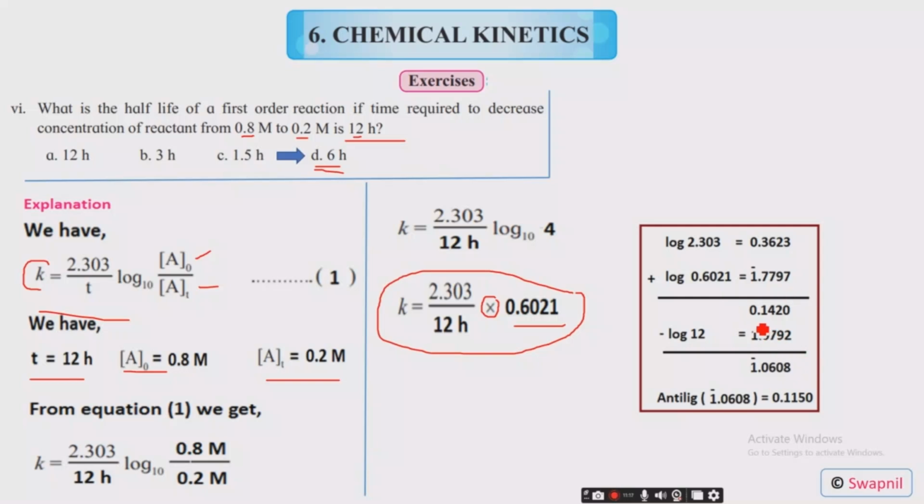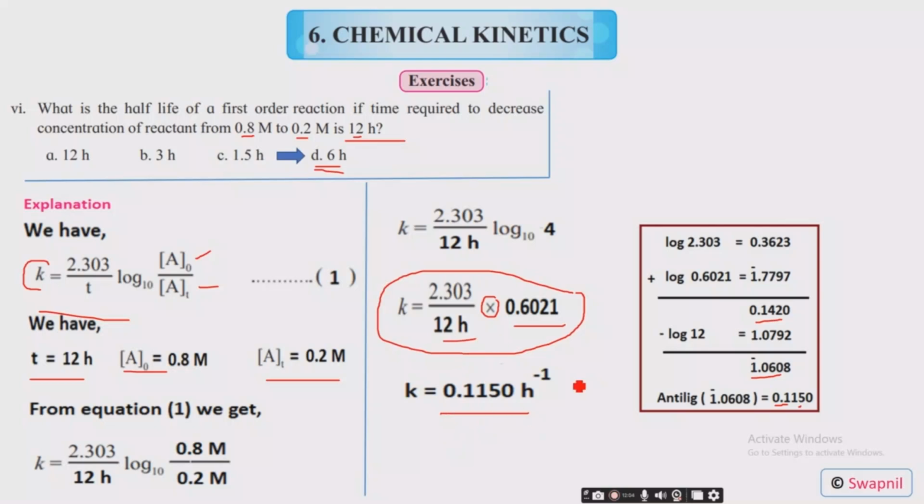So by adding this we get bar 1.1420, and now we have to subtract log of 12 from this value. Log of 12 has characteristic 1 and the log is 0.792. By subtracting this value we get bar 1.608, and by calculating the antilog for this value we get 0.1150. So the rate constant is K is equal to 0.1150 hour inverse.